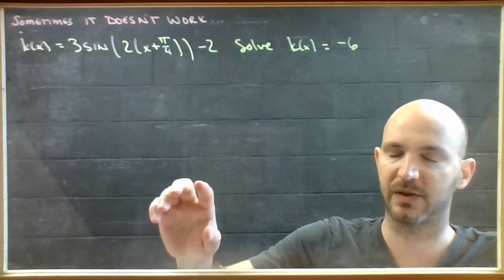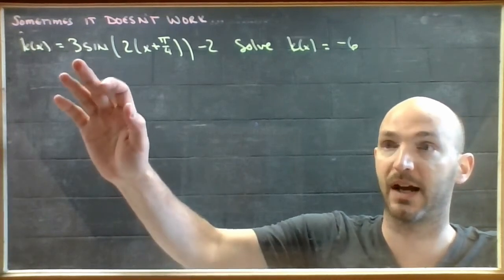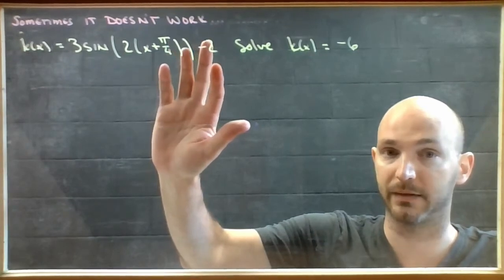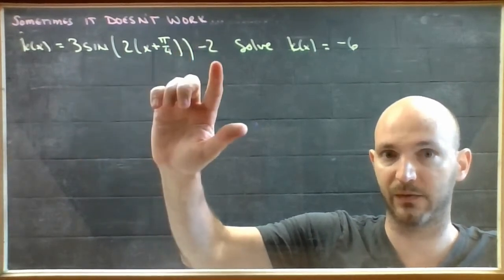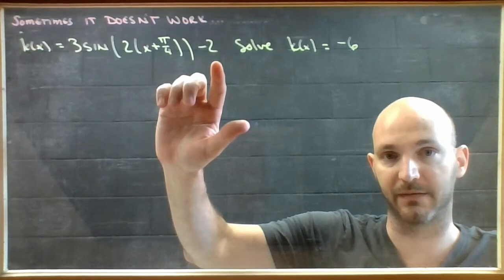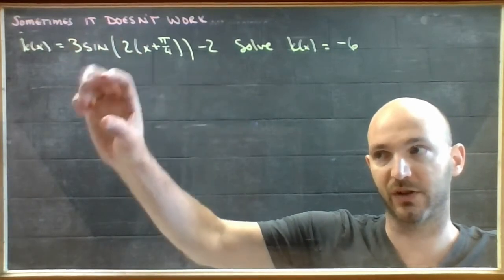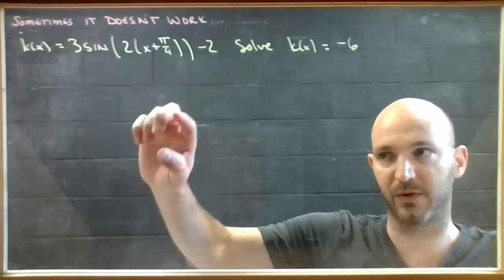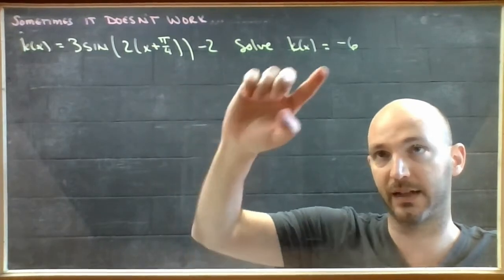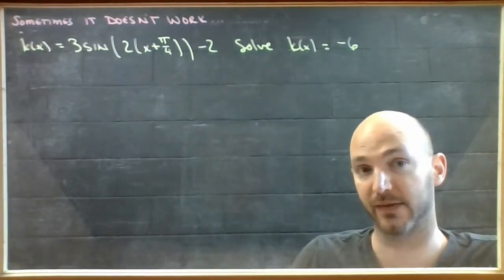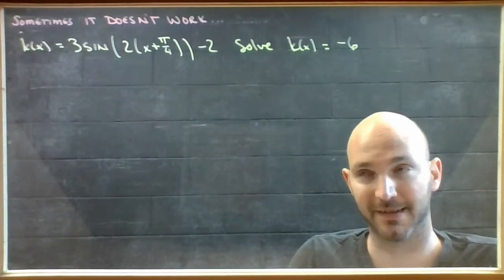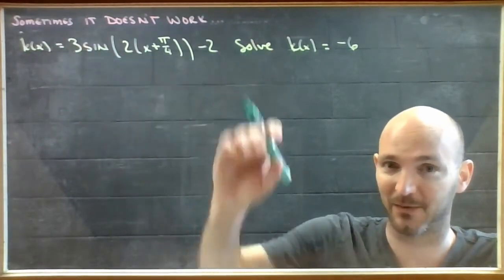So 3 squares up from here would be 1. 3 squares down from here would be -5. So this function should wiggle back and forth between 1 and -5, and I've asked when it hits -6, which it obviously doesn't, because sometimes it doesn't work.